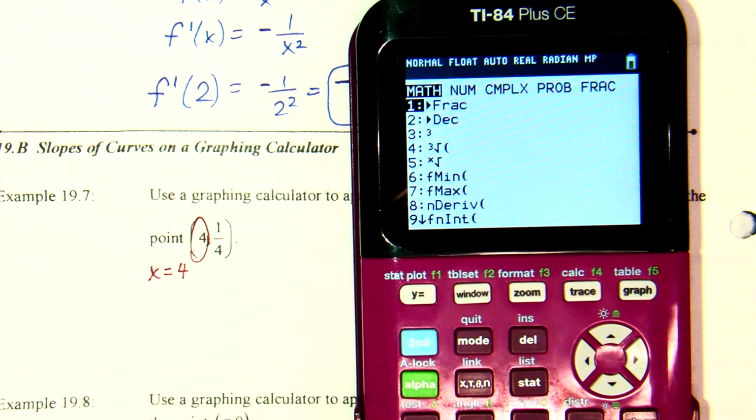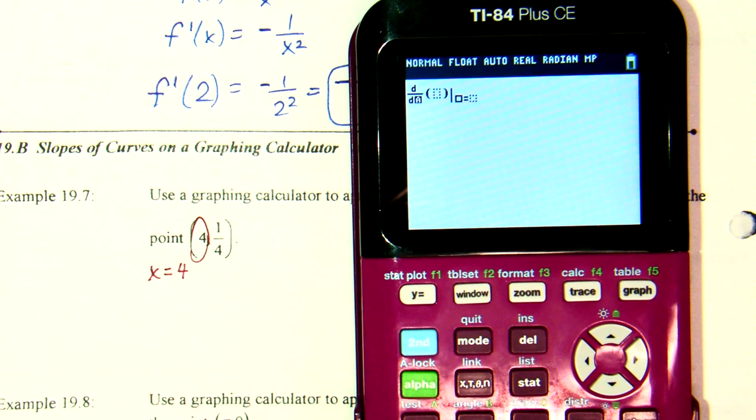Guess what your calculator will do? It will find the derivative if you have an x value to plug in. It's not going to find you the equation. The button under alpha is math. So hit math, and then number 8 is nDeriv. So arrow down to 8 or hit 8 and look what it brings up.